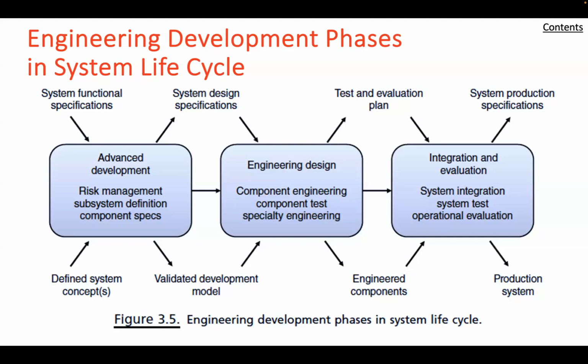The outputs of this phase are twofold: the specification to guide the manufacturing of the system, typically called the system production specification, and sometimes referred to as a production baseline, and the production system itself. The latter includes everything necessary to manufacture and assemble the system and may include a prototype system.